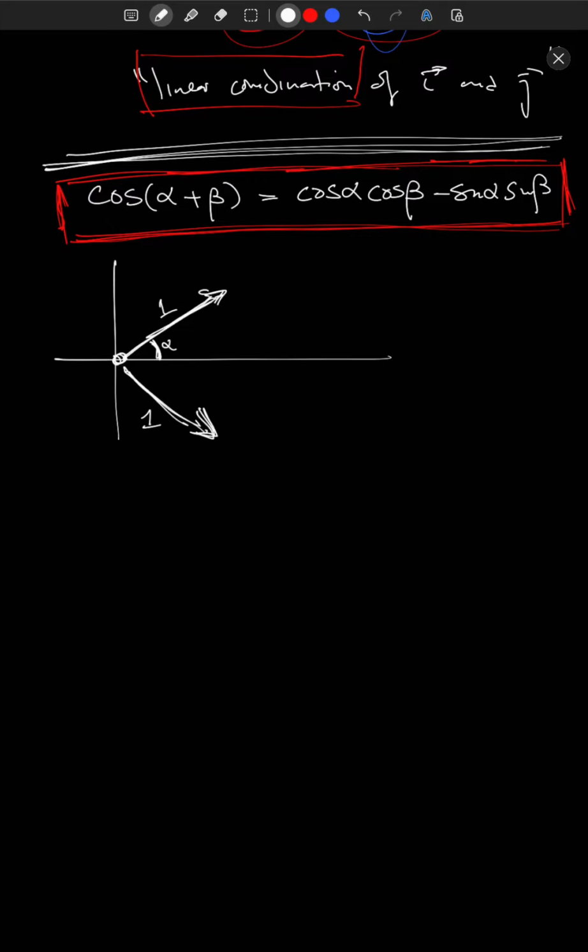This angle here will be beta. For example, if we're adding 30 degrees plus 45 degrees, this angle would be 30 degrees and that angle would be 45 degrees. Notice I'm not thinking of this as a negative angle. I'm only measuring a positive angle of 45 degrees.